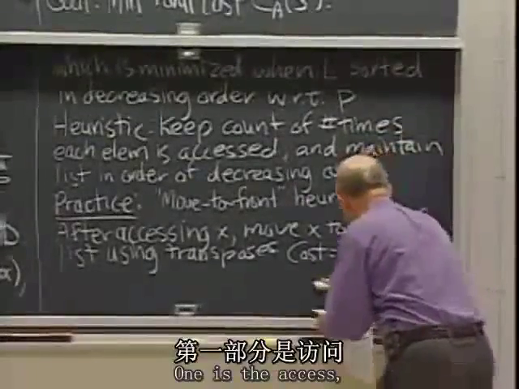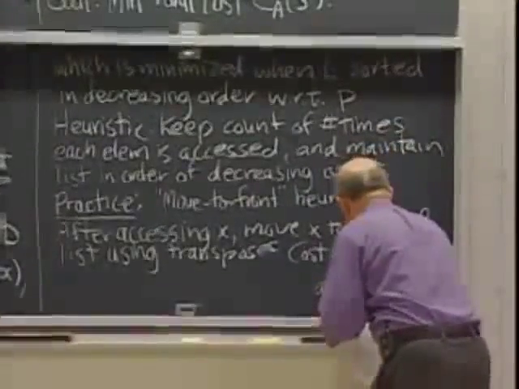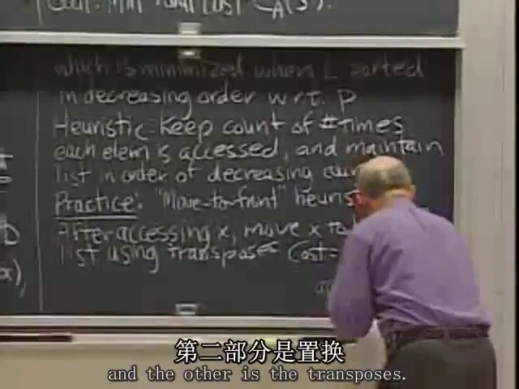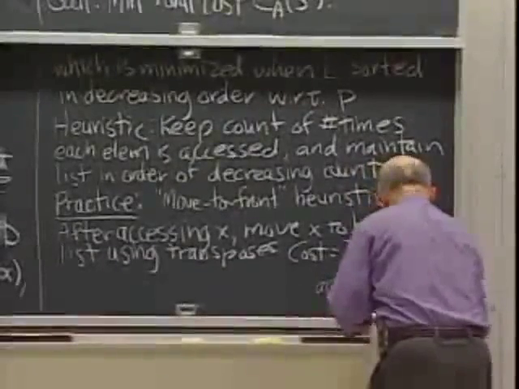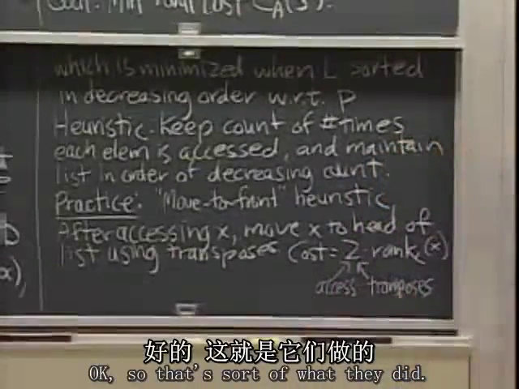One is the access, and the other is the transposes. Okay? So that's sort of what they did.